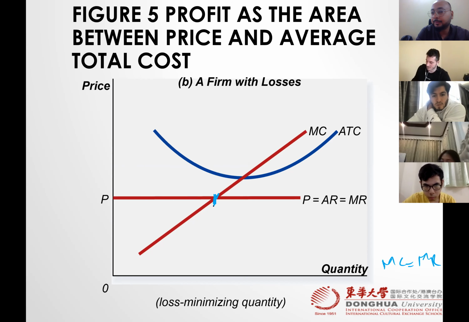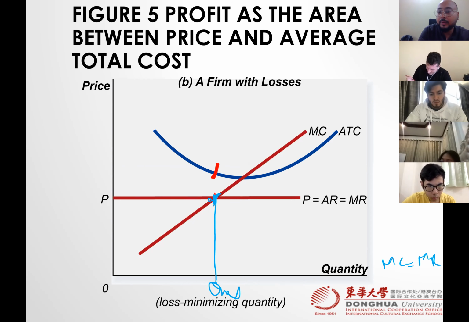Here. This is the MC and MR intersection here. We need to produce here to find out Q max. What is the cost of producing Q max? It's on the cost curve, ATC. So we can find out the value here, ATC.